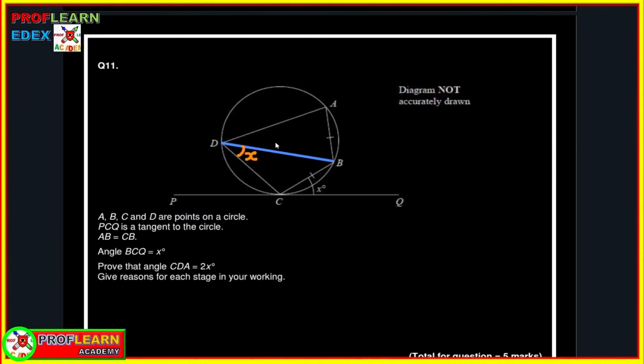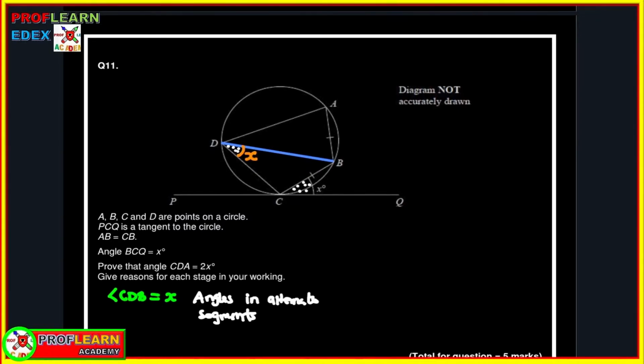So I need to take some time so that I can be able to say that these two are equal because angles in alternate segments are equal. So I need also to go straight down so that I can be able to write down here. I should move this so that I can be able to write my steps.